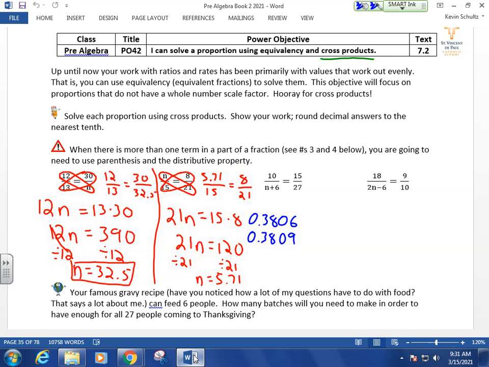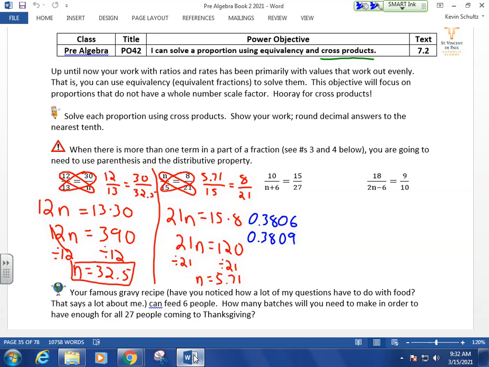It's kind of one of those mathematical quirks that you always need to be aware of. Is 120 divided by 21 exactly 5.71? No. What did we do to the answer that we got for 120 divided by 21? Aiden? We rounded.